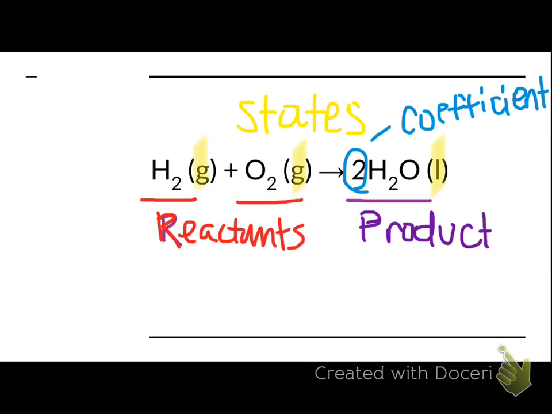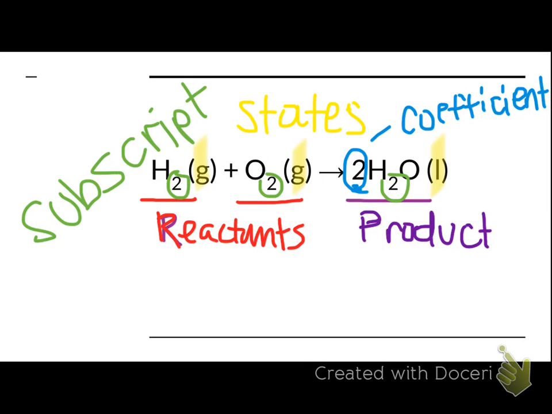We'll talk about balancing equations in another lecture. But just know that this is a coefficient, and then these numbers here are the subscripts. And you're very familiar with subscripts for when you did the unit on naming.